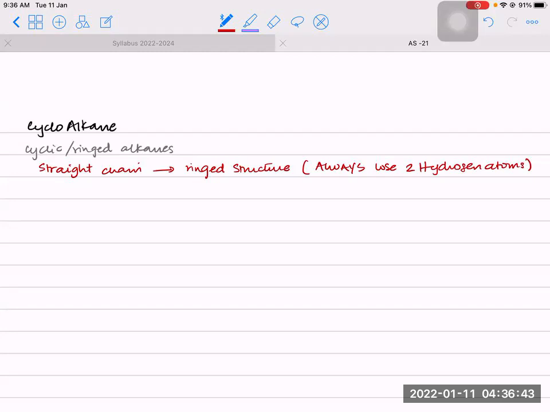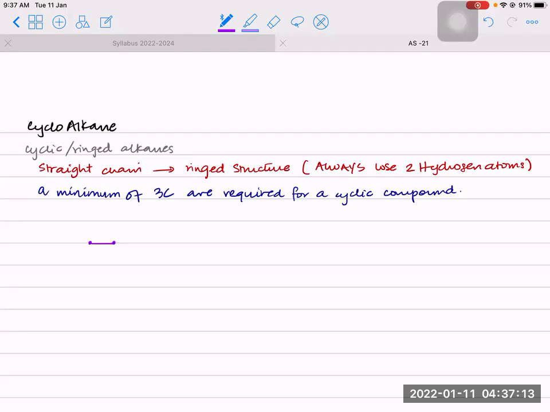Now, for a cyclic compound, you need a minimum of 3 carbons. So 1 carbon can't give you a cyclic compound.